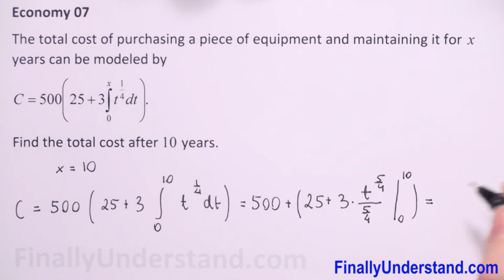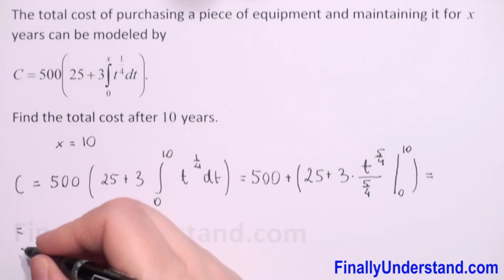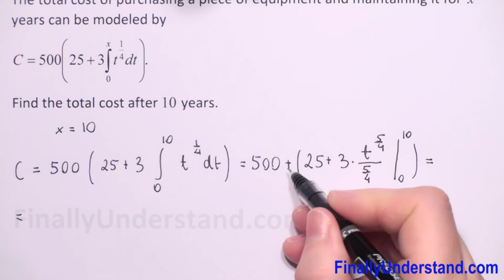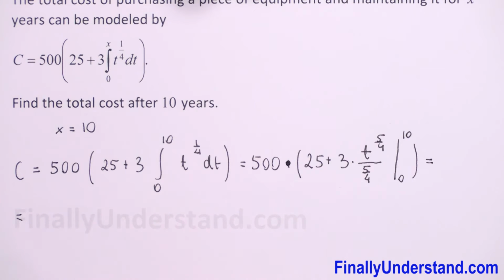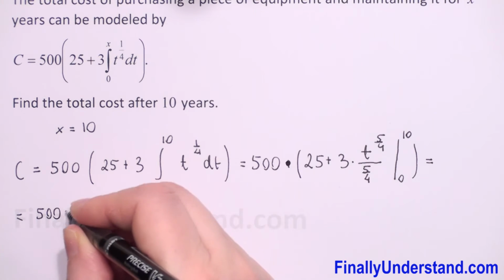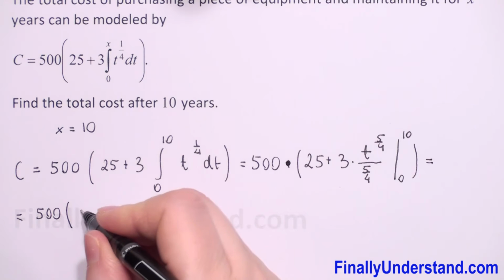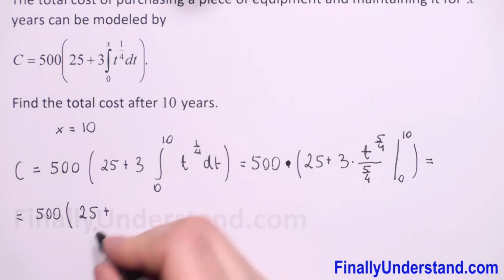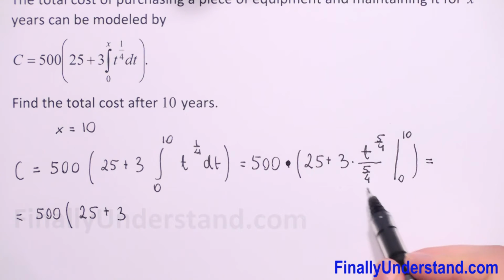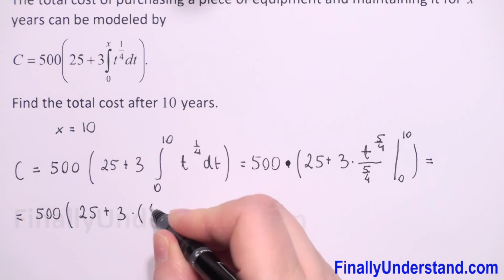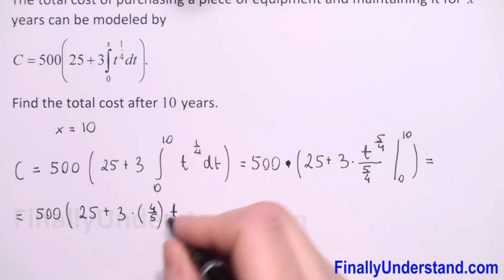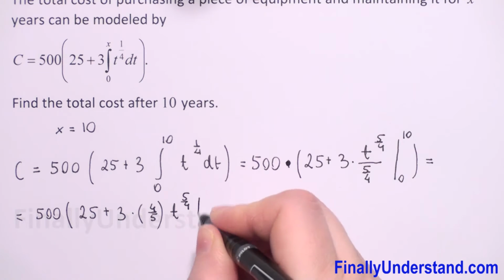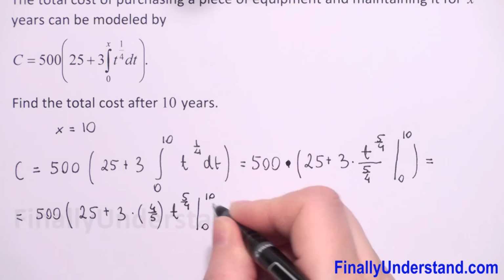So this is equal to, I have to copy. And of course, I should put here multiplication, because we have multiplication at the beginning. So we have 500 times, and in parentheses we have 25 plus 3 times, we have to flip the denominator, so it will be times 4 over 5, and we have t to the power 5 over 4 with limits from 0 to 10.